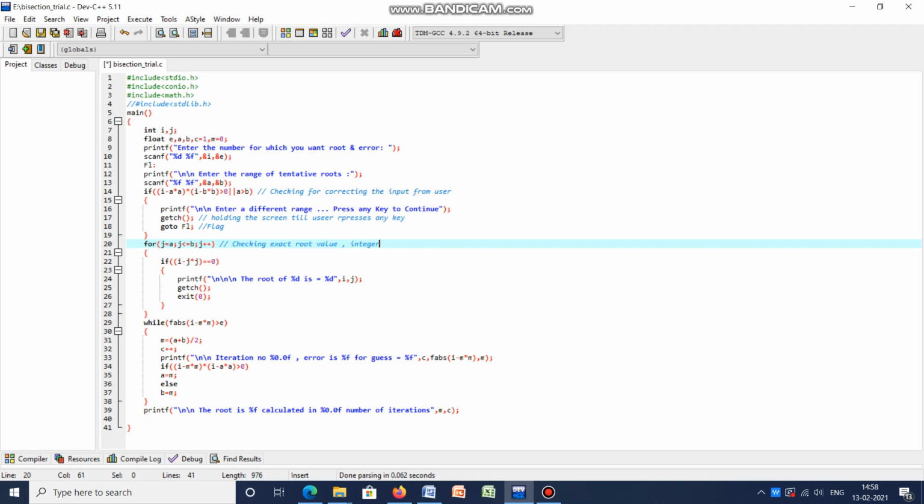If this i minus j square equal to 0, where i is your number whose root you have to find, अगर 0 बन जाता है, meaning here I am comparing the root value. If it is equal to 0, तो एग्जैक्ट वही नंबर इसका रूट है. Then j is exactly its root, so I can print the root of i, root उस नंबर का रूट है j.